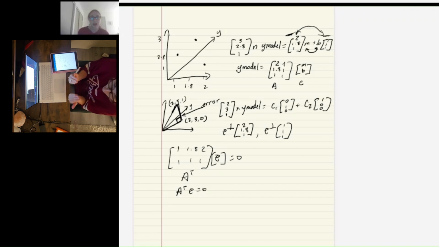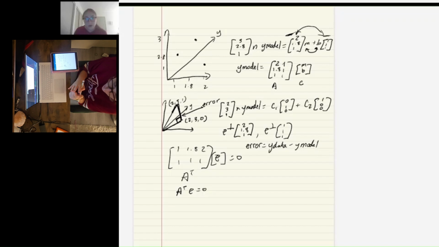So what exactly is our error, right? Our error is the difference between the data that we were given, our y data, minus the y model, the model that we are making itself. So error is equal to y data minus y model.